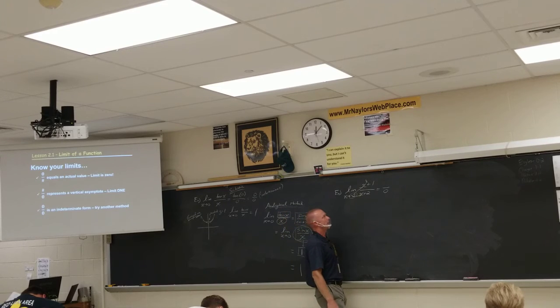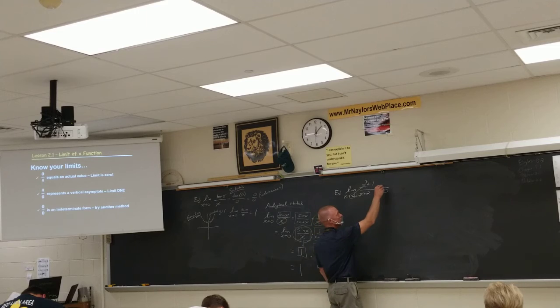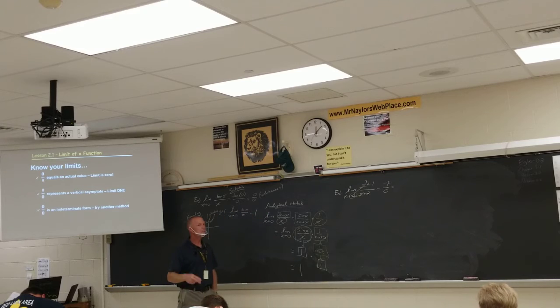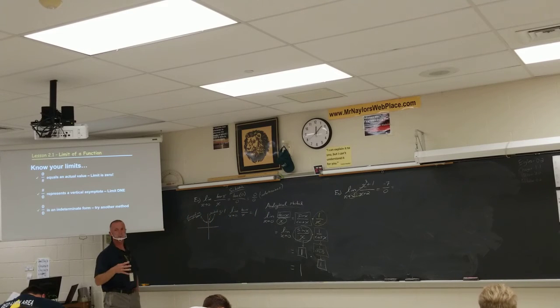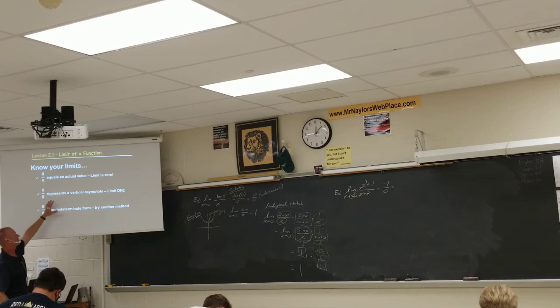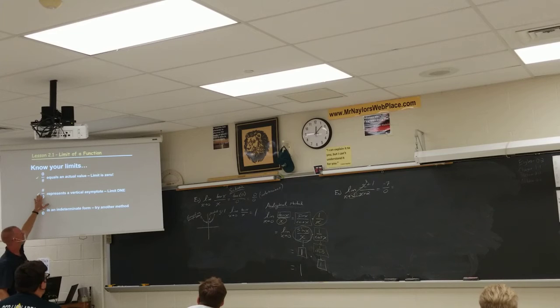So when I plug in -2, you get -8 plus 1, otherwise known as -7. You don't need a calculator. You don't need to graph it. You just need to get to know your limits. And if you end up with a number over 0, that means a non-zero number over 0.